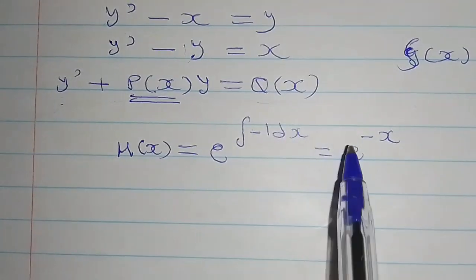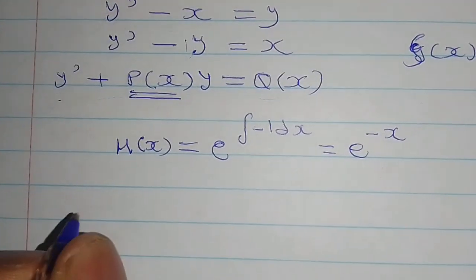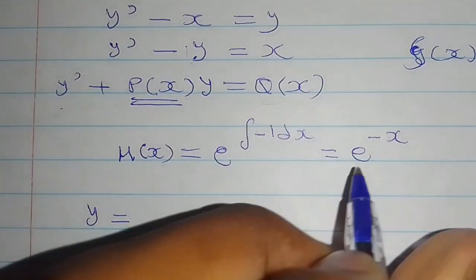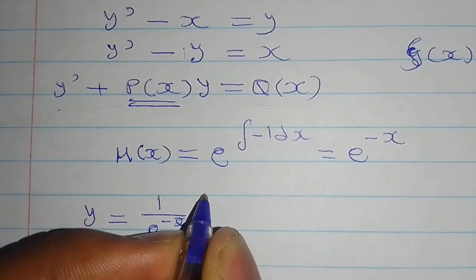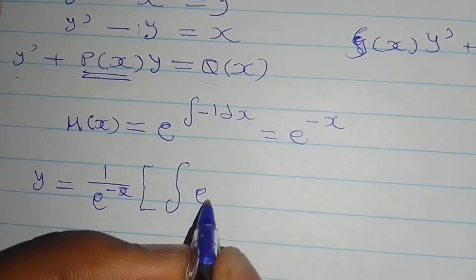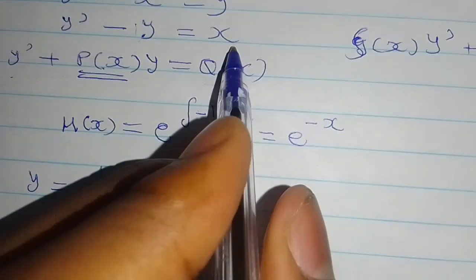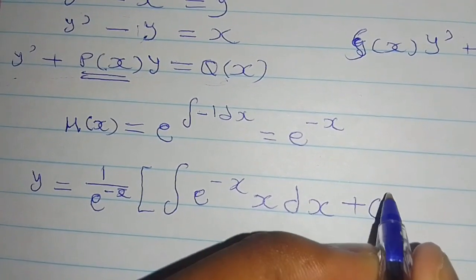Now when you've identified mu of x, that means that you can rewrite y as 1 over that integrating factor multiplied by the integral of that integrating factor multiplied by q of x, and q of x is just x, and then you have dx there, and you add a constant c.